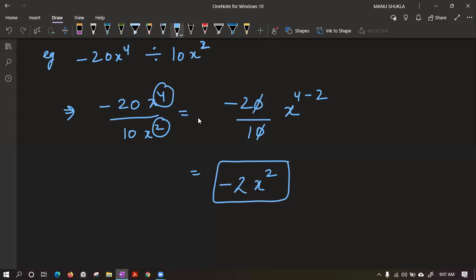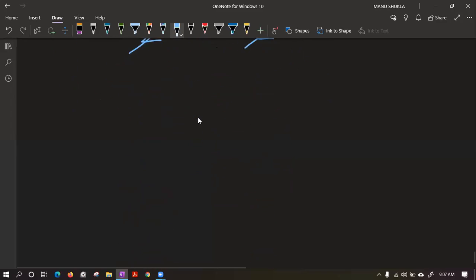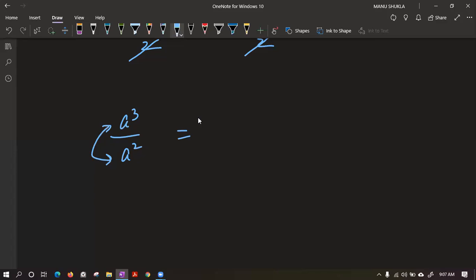We will see in the chapter also, when there are two things getting divided like this. Suppose you have a power 3 upon a power 2. As the bases are same and getting divided, the answer is a power 3 minus 2, that is a power 1. This is a rule of exponents.